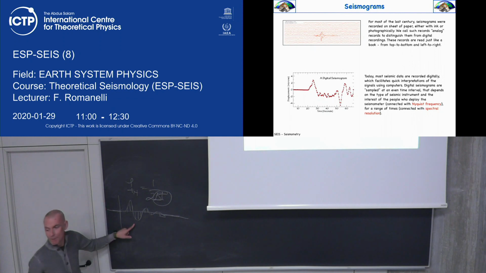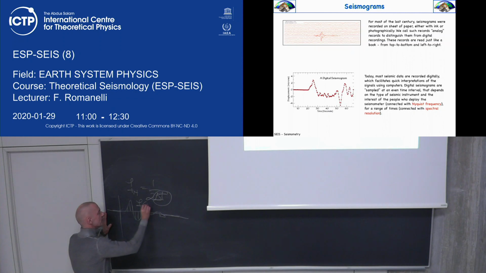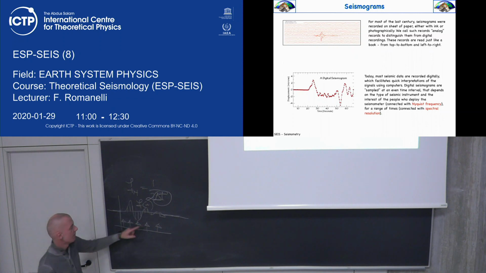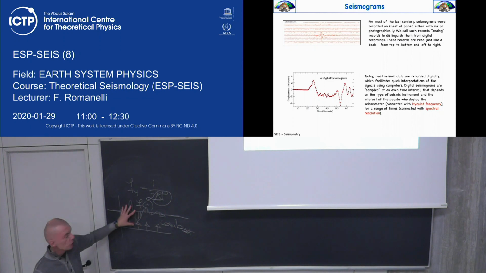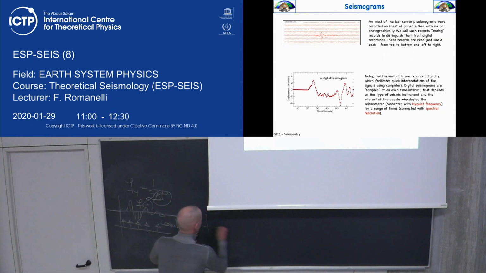When you sample a signal, it's like multiplying an f of t times a comb function. What is a comb function? It's a set of deltas, okay? If you multiply f of t by this comb of delta t, you will have the signal in a digital fashion, right?